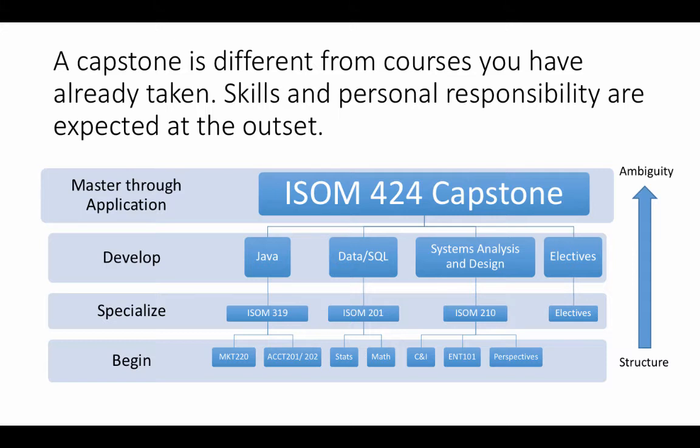Continuing along that beginning path, you see C&I, that's creativity and innovation. ISOM424, systems analysis and design, that whole vertical too requires an entrepreneurial mindset, an understanding of diverse global and local perspectives, an understanding of how to be creative and keep trying to problem solve even when things are complex and difficult, and how to convene those dialogues.